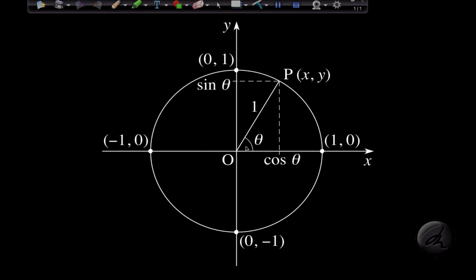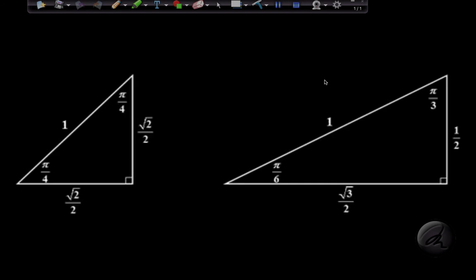The sine function is the opposite side from the angle, which would measure the y position of some point P on the unit circle, and the cosine is the adjacent side to the angle, so the x position. So we could correspond cosine and sine to the x and y coordinates of a point.